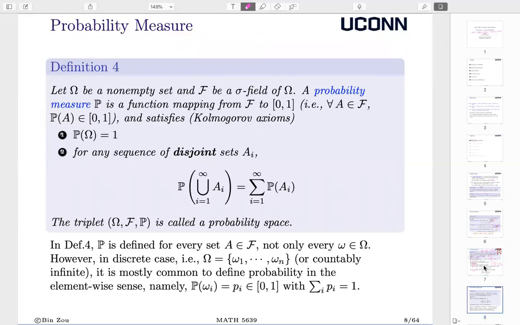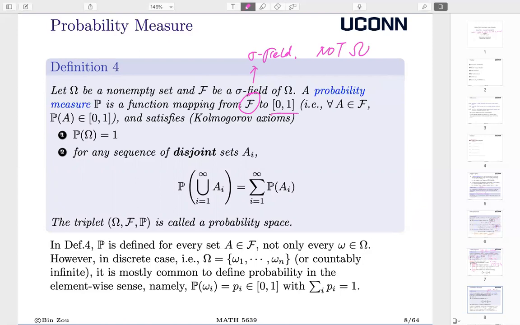The last element is the probability measure. At the general level, you define a probability measure as a function, and this function maps from the sigma field. In your first probability course, you define probability from the sample space to [0, 1].